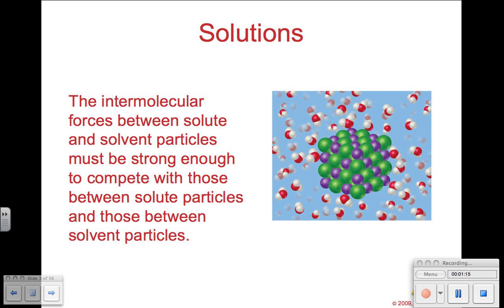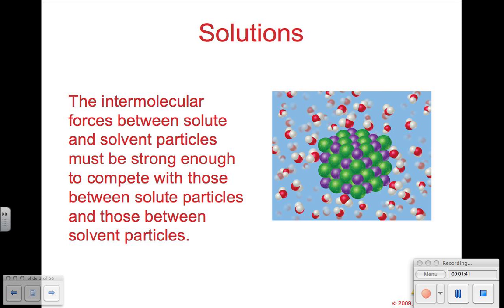The solvent has to be the thing that you have more of, that the solute then dissolves into. So in solutions, the intermolecular forces between solute and solvent particles must be strong enough to compete with those between the solute particles themselves staying together. Let's say you take a gold ring and you want to try to make a solution of gold in water.